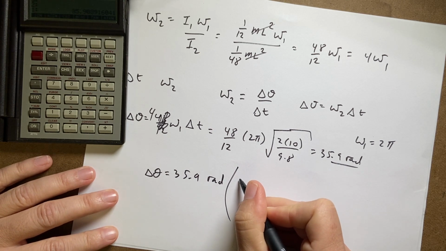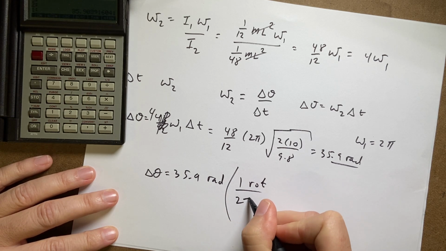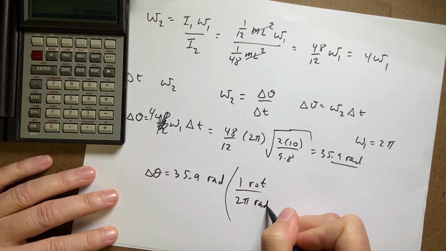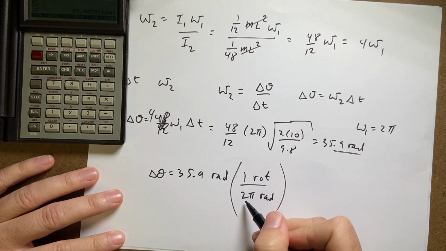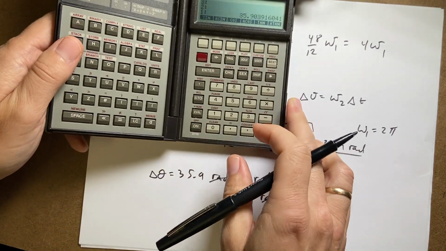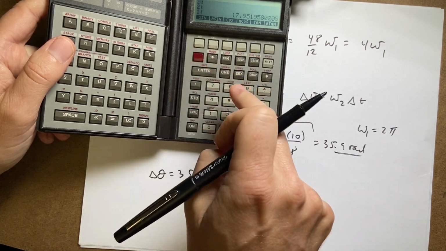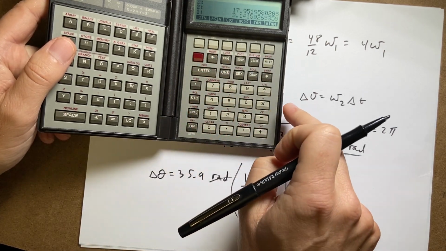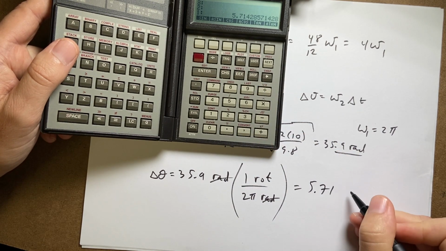One rotation is equal to 2 pi radians. So I'm multiplying by the value of 1 here, so I'm not actually changing things. And the radians cancel. And yes, I'm actually undoing what I did, but let me just do it anyway. Dividing by 2 pi, I get 5.71 rotations.